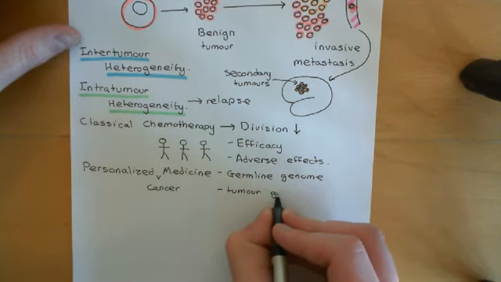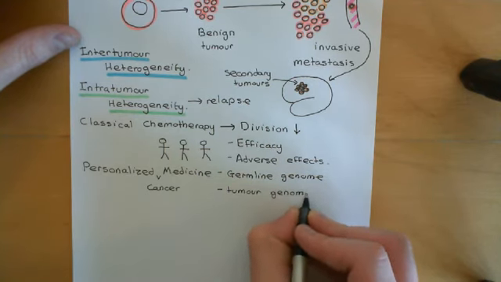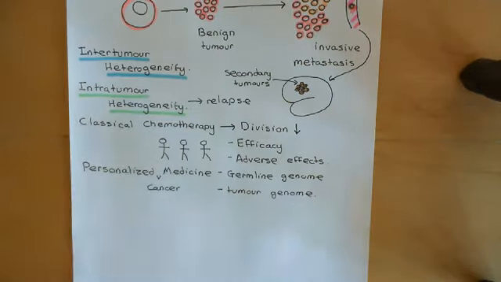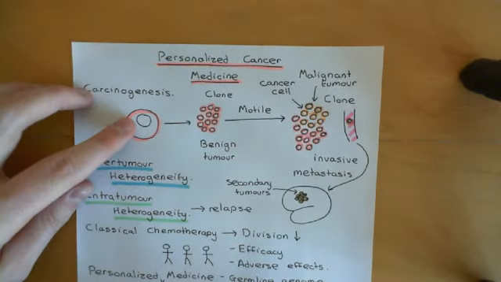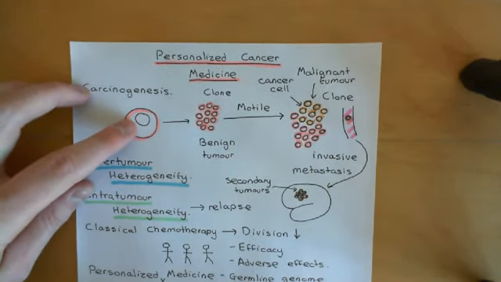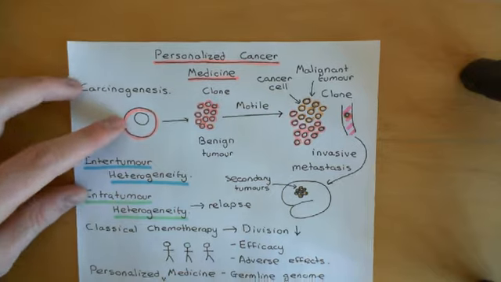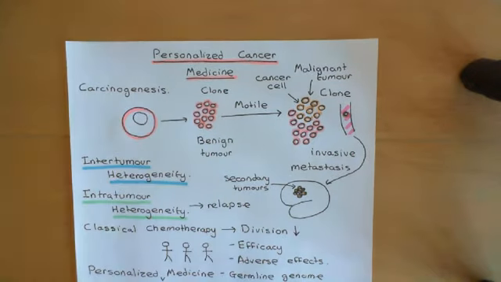Now what's the difference between the germline genome and the tumour genome? Well, the germline genome means your genome in all of your healthy cells, so the original genome that you had in this original healthy cell here before it became mutated and on its way to this cancer cell.